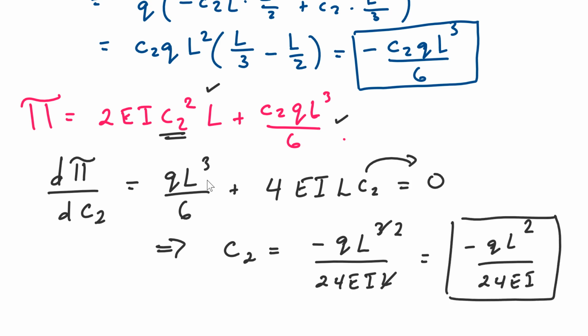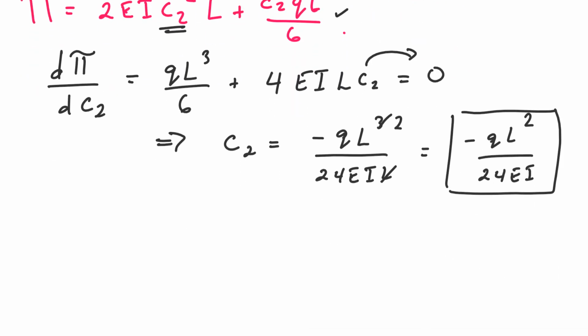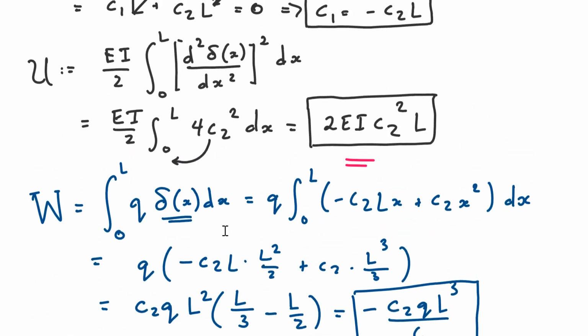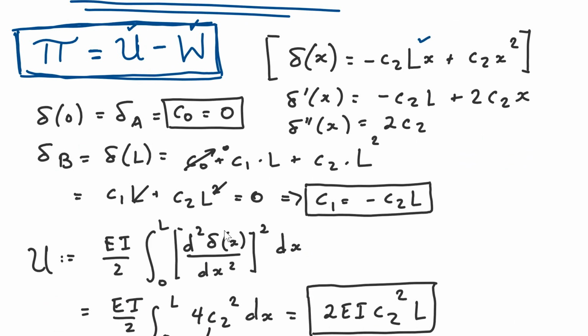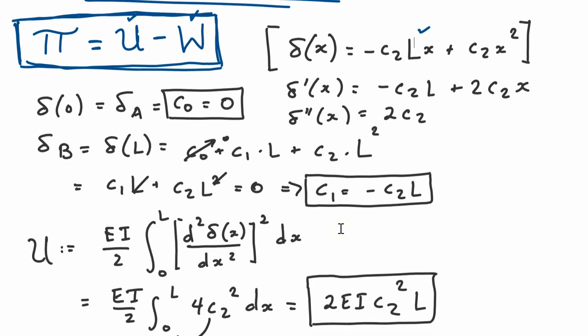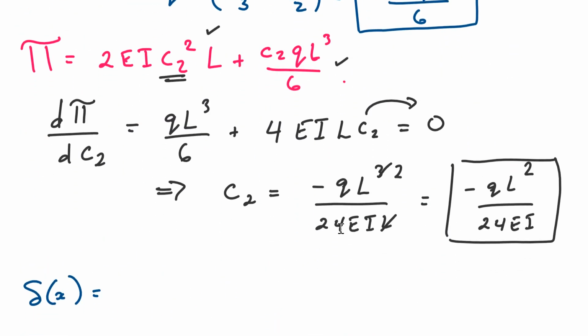Awesome, that's C2. So now let's go all the way back into our delta function, into our elongation. And do you remember what it was? It was right here, negative C2Lx plus C2x squared. So C2, negative C2Lx plus C2x squared. And let's just plug it in.